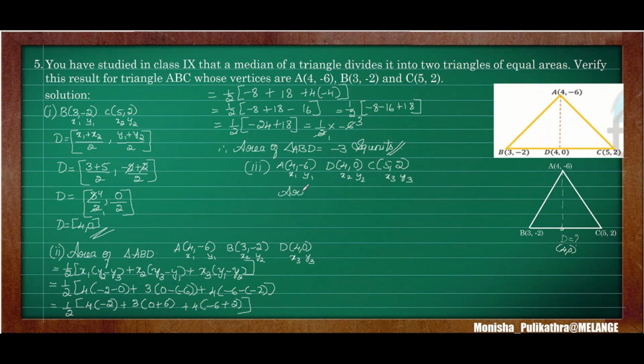So for the area of triangle formula, let this be equation number 1, area of triangle ABD. Okay, so area of triangle ADC is equal to half into x1 into (y2 minus y3) plus x2 into (y3 minus y1) plus x3 into (y1 minus y2).